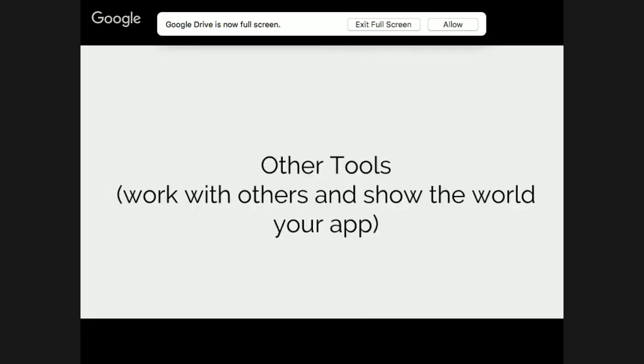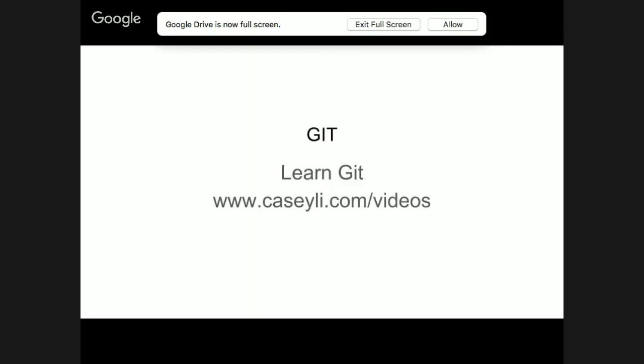Outside of Ruby on Rails, some tools that you should learn. If you don't know it by now, you should really, really learn Git. It's by far one of the most popular source control systems. It's really smart. It works super well over the internet, which is huge. That's one of the best parts about it. You don't have to set up your own server. There are services like GitHub and Bitbucket that use it, where you can interact with your teammates.